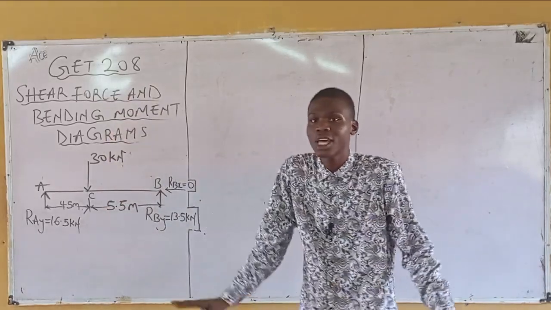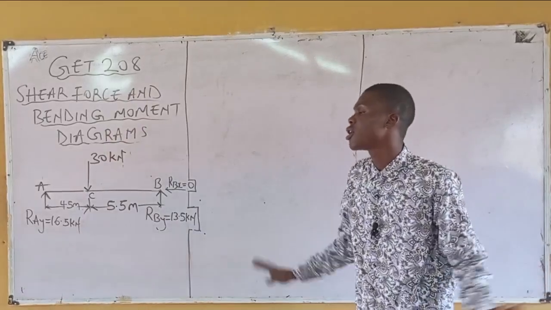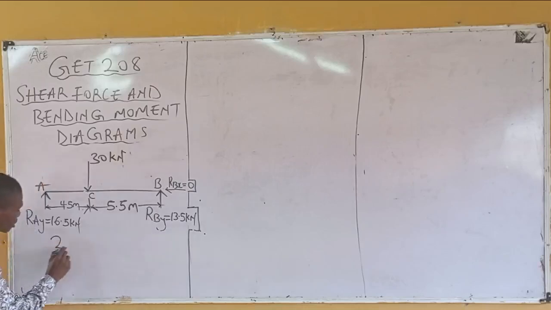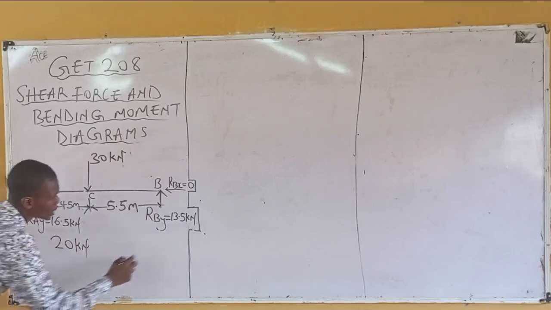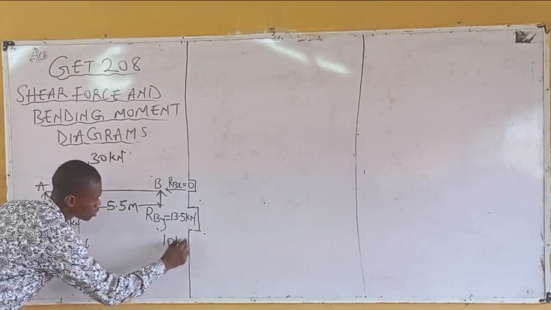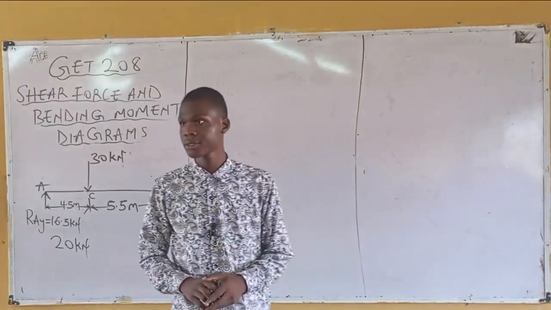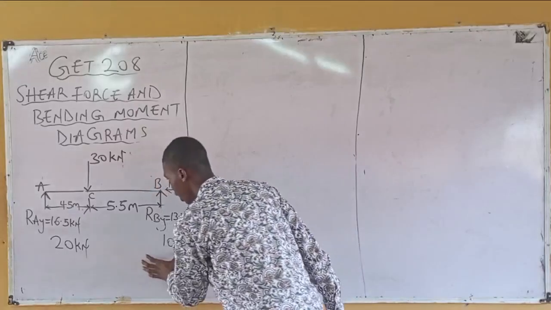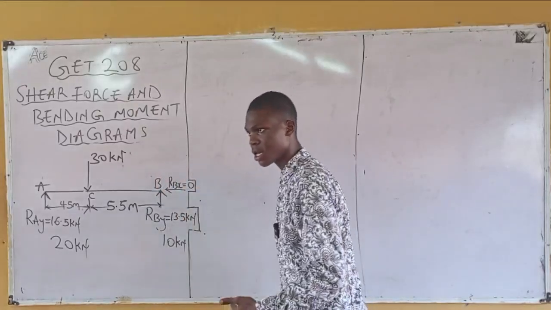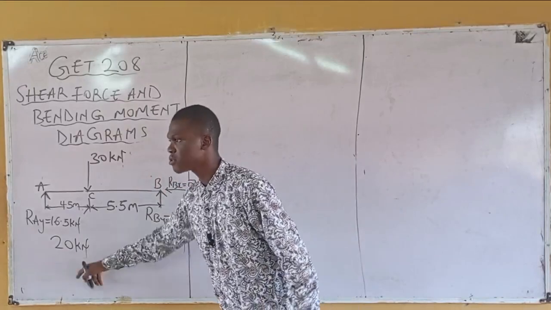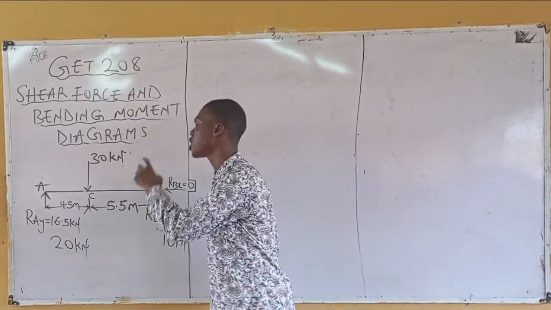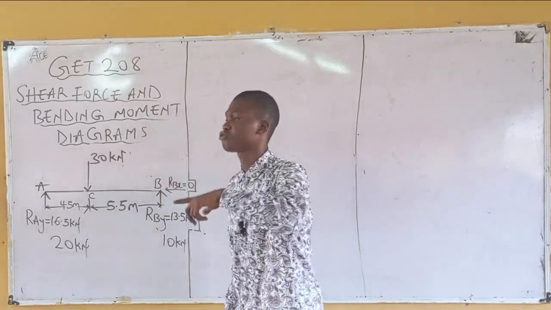Initially, say we've not calculated this. I just want to make an assumption, saying I have 20 kilonewton and 10 kilonewton. I'm still correct, because by the time I add these two values, I'll still have 30. But these values are not the accurate values that this support reaction is supposed to have. So this is where you take it to structure, meaning structurally.